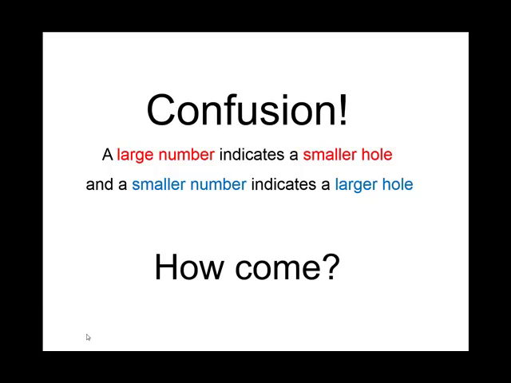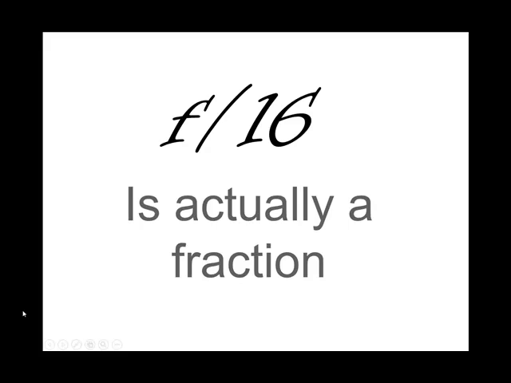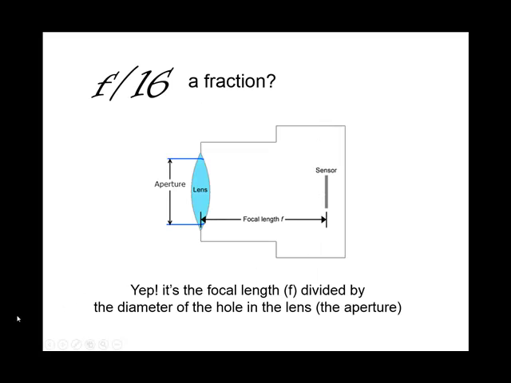Anyway, what is this f16? It's actually a fraction, and just to remove a bit more confusion, f is the focal length, and the 16 is the number of times the aperture goes into your focal length, as in this diagram. You can see that the focal length is the distance from the centre of focus of your lens through to your sensor, and the aperture is the diameter of the hole in your lens.